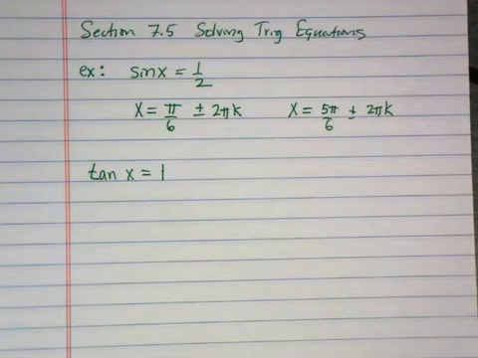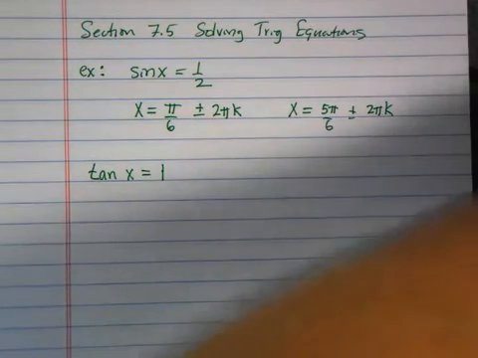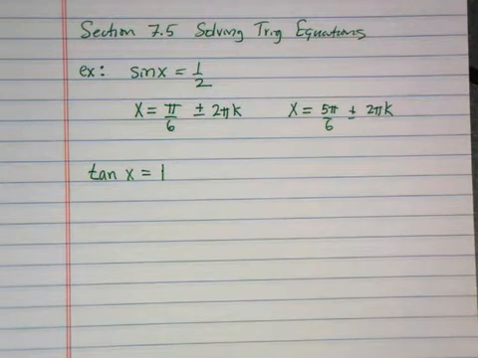How long does it take to make one complete cycle for tangent? It's only pi. That's the difference. So, if we're dealing with sine or cosine, we're always going to have to add 2 pi because the period of sine and cosine are 2 pi. If we're dealing with tangent, then we only have to add pi.